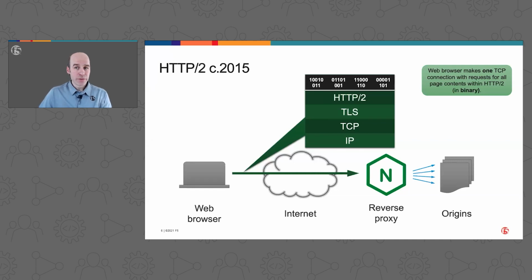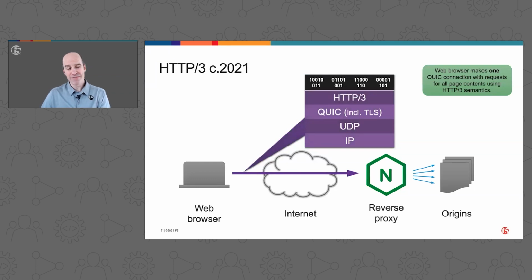With HTTP 3, and this standard is now technically final, but not yet fully published as a standard, so we're right on the edge of that event happening. We're still using IP for connectivity, but this is the more interesting part.